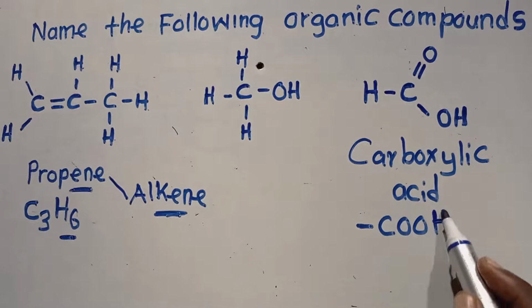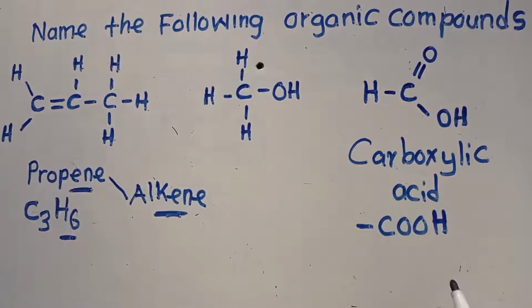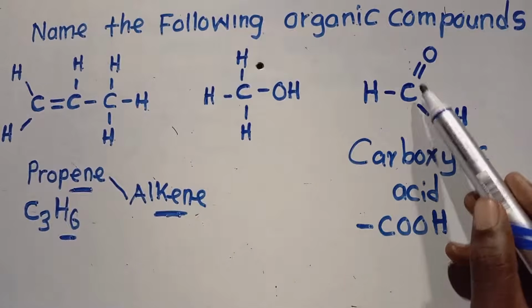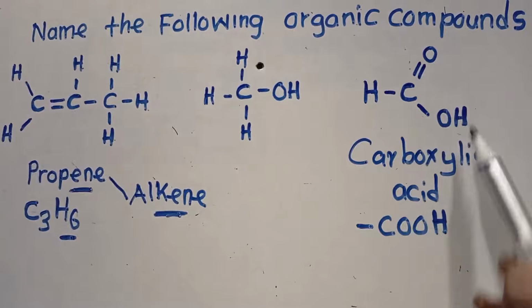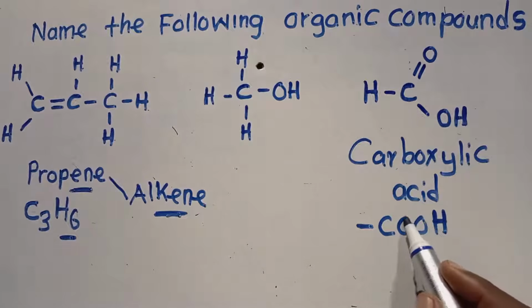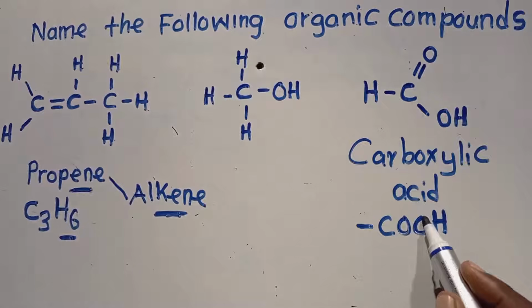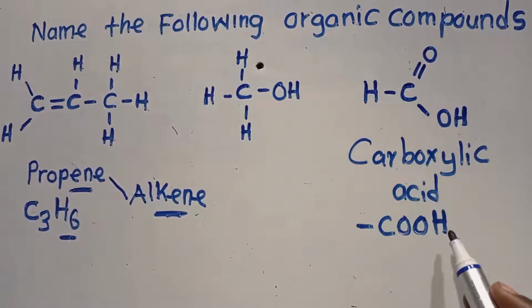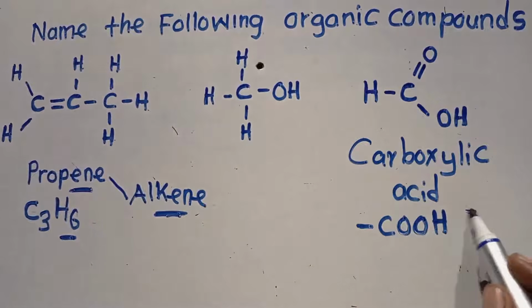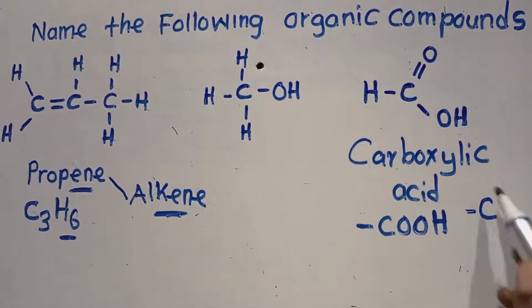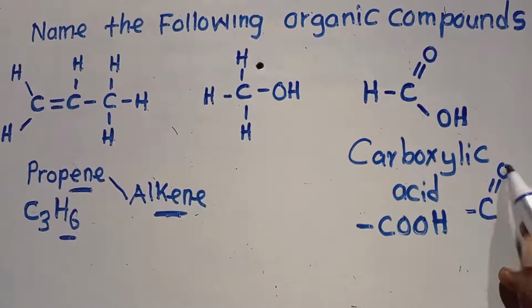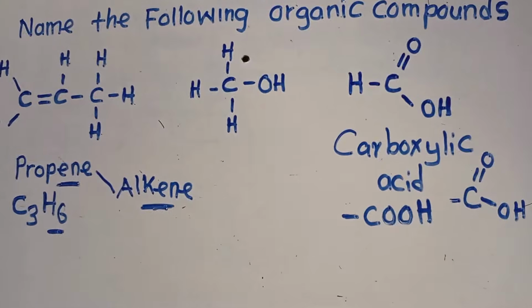Have you seen? They will all end with COOH. As you can see, there is COOH here. This is to tell you that the O that is here has a double bond. So that's why we write it like this: C, then a double bond there, then OH comes here. This is the reason why we write it like that.